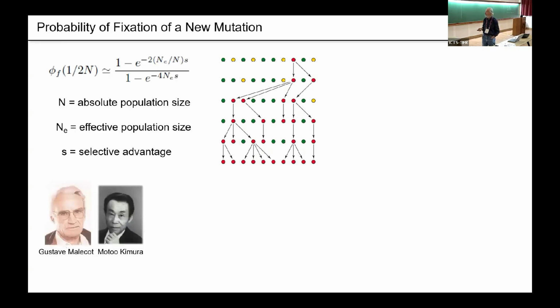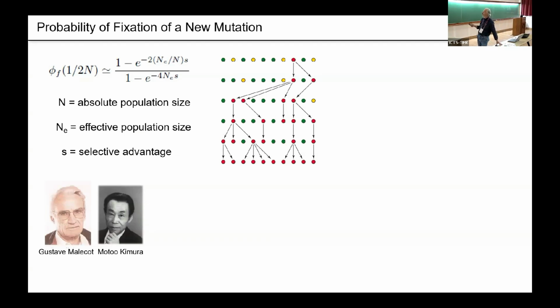People have spent a lot of time, two people in particular, trying to figure out the probability of fixation of a newly arisen mutation in one copy in the population. It turns out to be a function of the selective advantage. You can use a -s here if it's a selectively disadvantaged mutation.